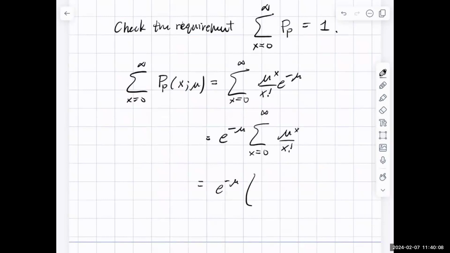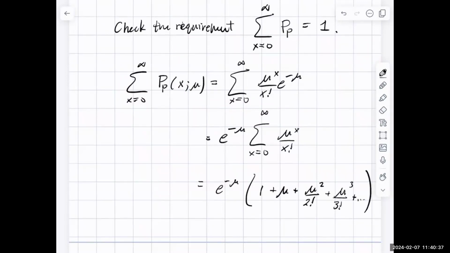So x equals 0. Mu to the 0 is 1. X factorial when x is 0 is 1. So we just get a 1. Plus x equals 1. It's mu divided by 1 factorial. It's just mu. Plus x equals 2. Mu squared over 2 factorial. Mu cubed over 3 factorial. And you can see this is just going to continue.